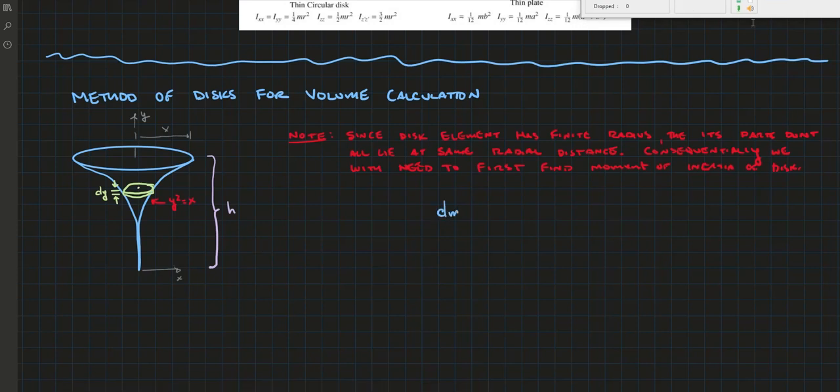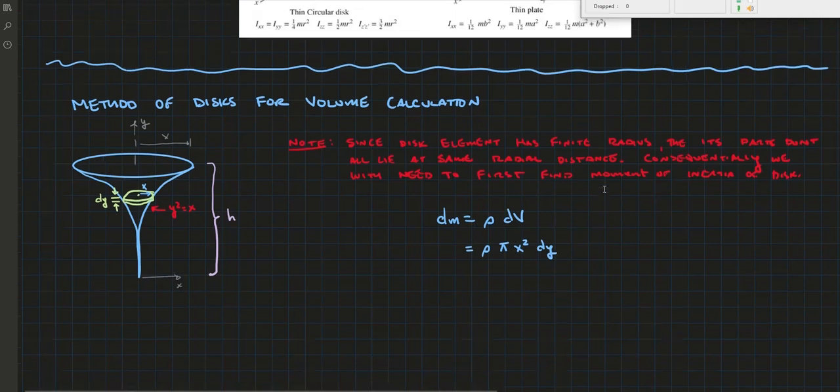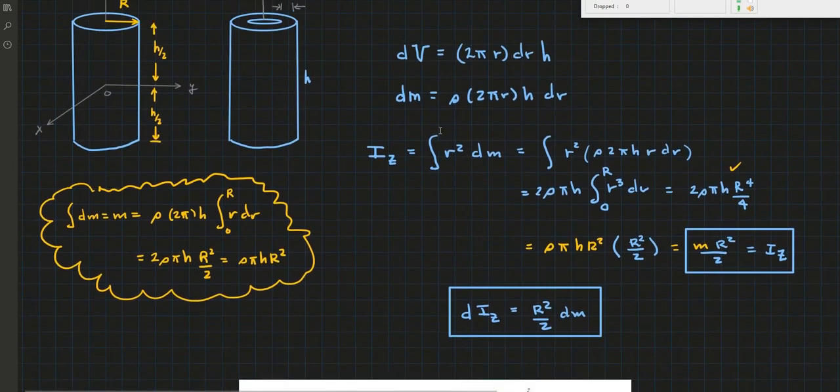Again, dm equals rho dV for our disk. That's rho times pi x squared, because this distance here is x, our radius, multiplied by dy. That's the differential mass. But because of the finite radius, we can't just plug this directly into this integral here.